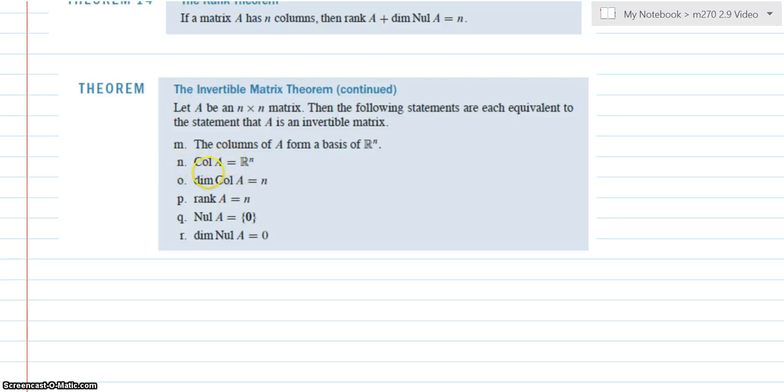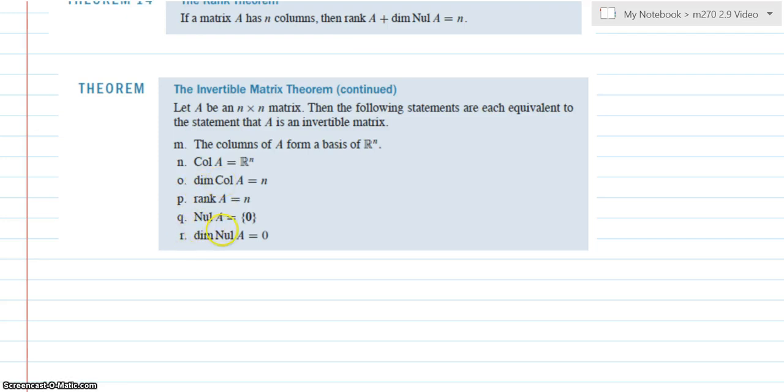So therefore the column space of A is all of Rn. The dimension of the column space of A equals n, since the dimension is just how many vectors are in the basis, and there are n vectors in Rn. And the rank of A is n. That's just the definition of rank of A: the dimension of the column space of A.